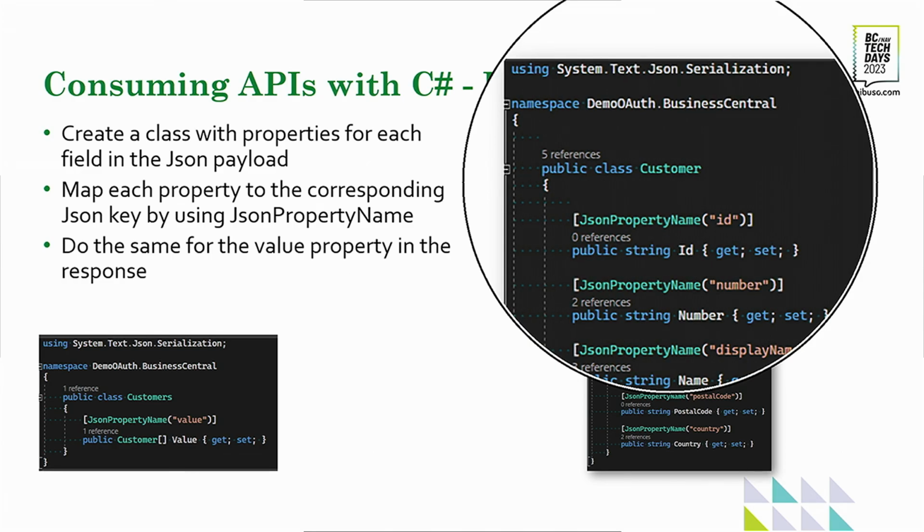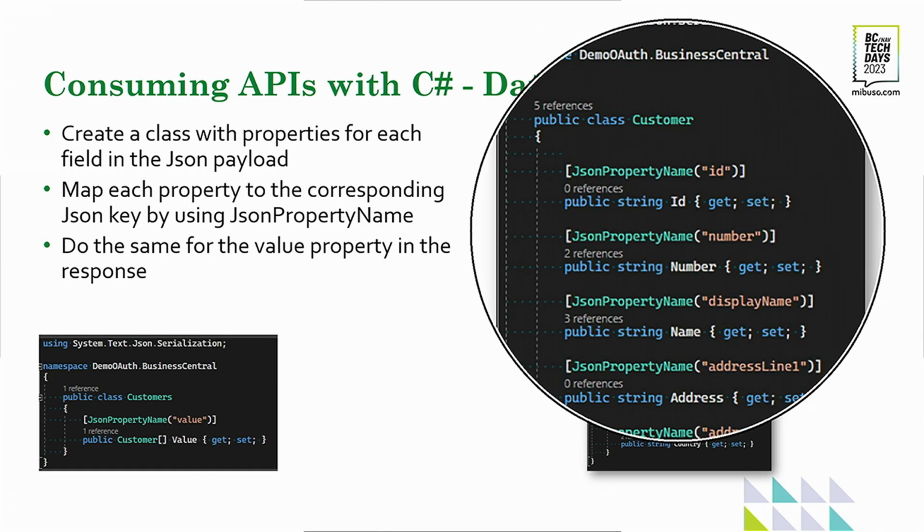I know Newtonsoft has similar things, but I decided to stick with the .NET Core objects here. On every property, I have a JSON property name that maps the output from your JSON automatically to that property in the class. Then you can just serialize and deserialize the JSON data automatically into that class.